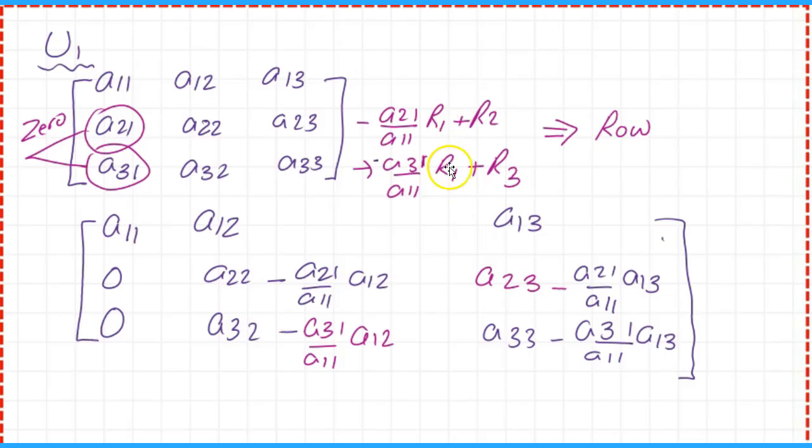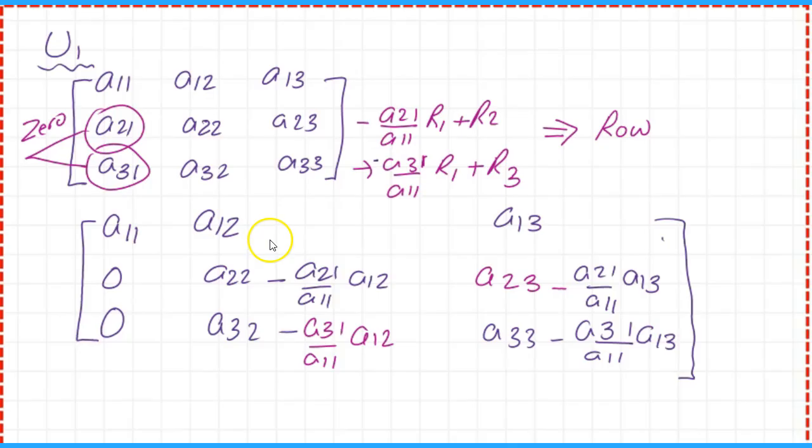Due to these two operations, we have two zeros, and the second row, second column element is A22 minus A21 over A11 by A12, and this element changes into A23 minus A21 over A11 by A13. The third row has been changed: this is 0, this element is A32 minus A31 over A11 by A12, and this element is A33 minus A31 over A11 multiplied by A13.